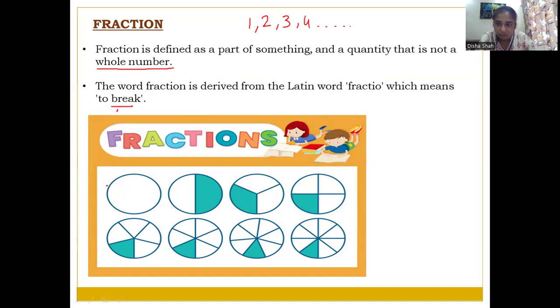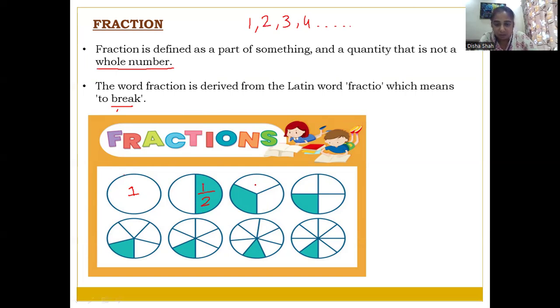Now, here this is one full circle. So the fractional value of this is nothing but 1 only. Now here, this blue part is how much? Out of a total of 2, one part is blue and one part is not shaded. So out of 2, one part is blue. This is called half.